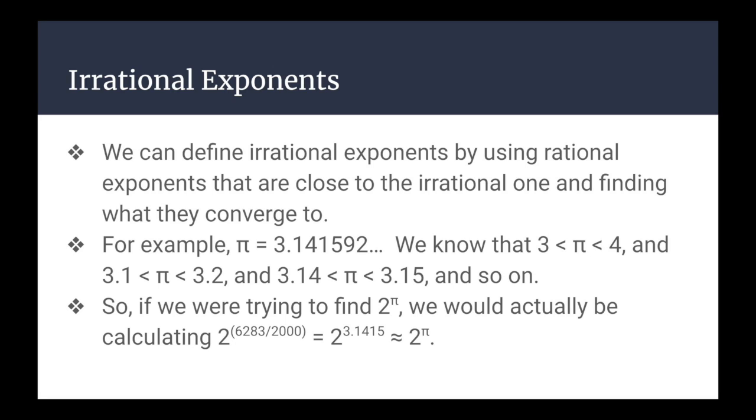So that's how we would figure out irrational exponents. We would just take something that is close to that irrational number and make that the exponent instead. And that's how we understand how irrational exponents work, because the concept behind multiplying a number an irrational number of times just doesn't quite make sense.